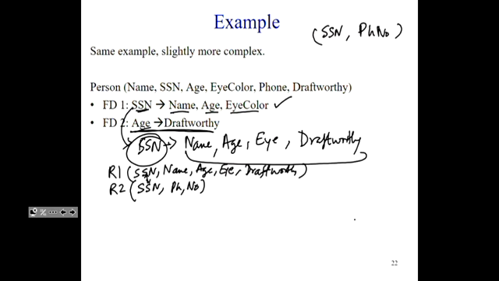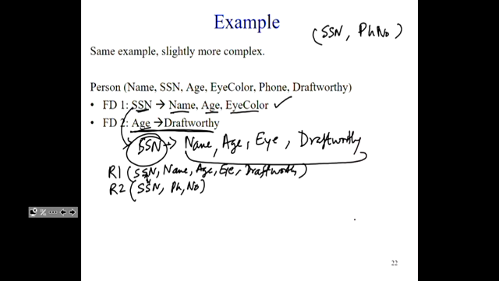Now, is this set of relations in Boyce-Codd normal form? Let's start with relation 1. Is relation 1 in Boyce-Codd normal form? Let's go even one step slower than that.